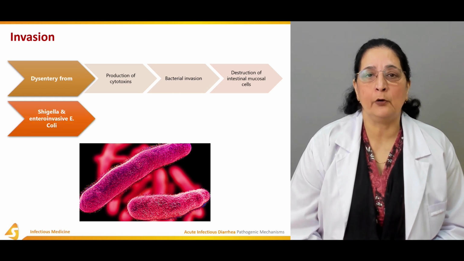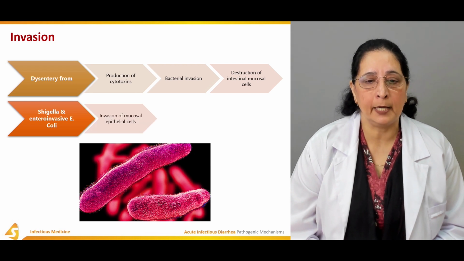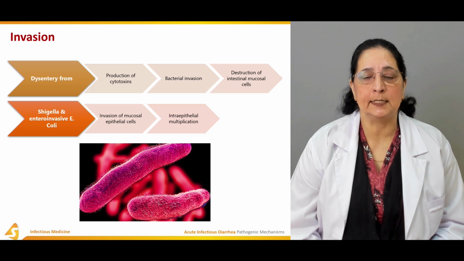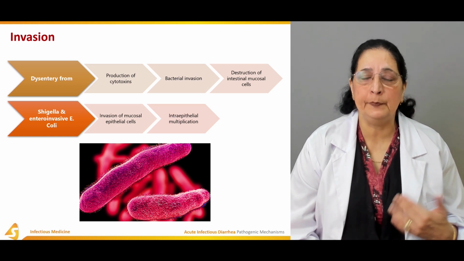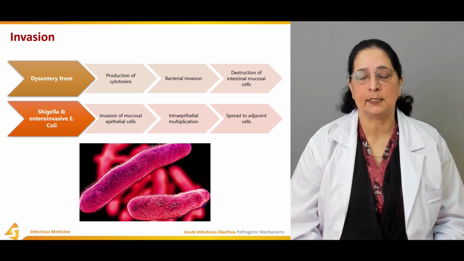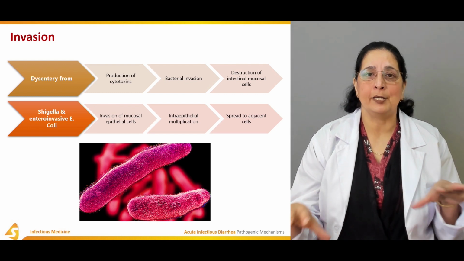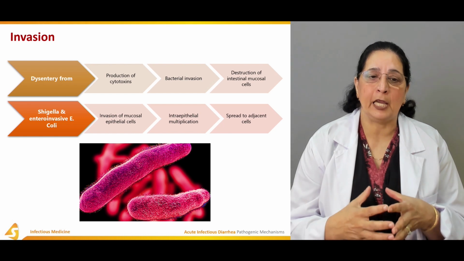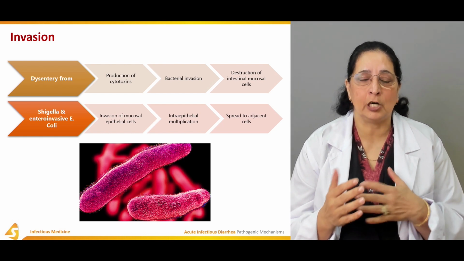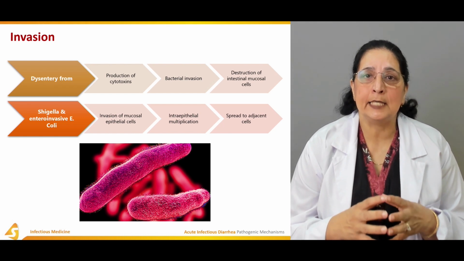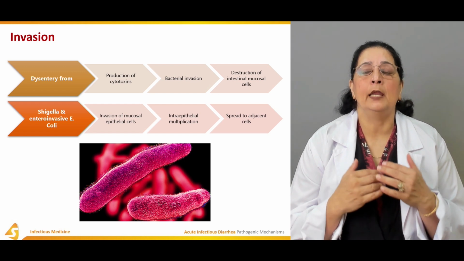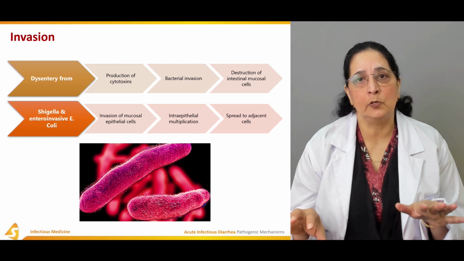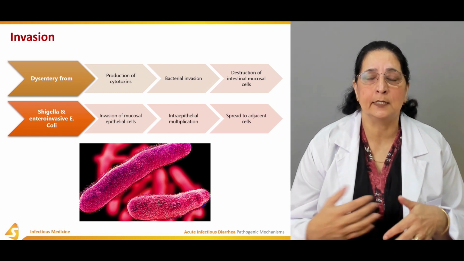Shigella and enteroinvasive E. coli cause invasion of the epithelial cells, and then multiplication in the epithelial cells, and then from there they spread to adjacent organs. So that's how the invasive type of microorganism, which are Shigella and enteroinvasive E. coli, attack the cells and then slowly spread to the different cells around them.